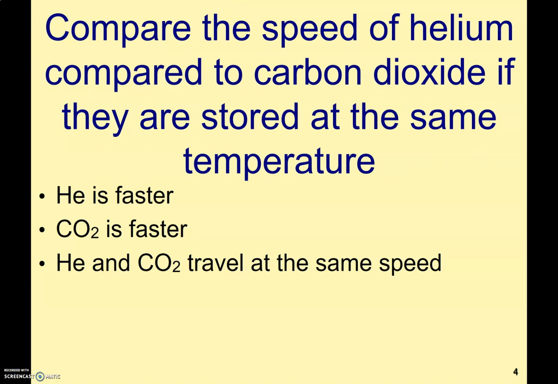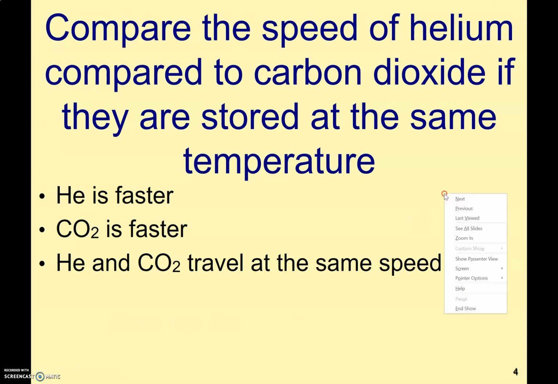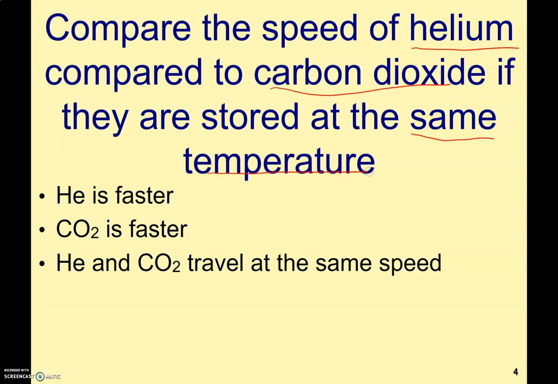So if we take a look at this check for understanding, we have two gases, helium and carbon dioxide, and they're stored at the same temperature. The question is, which one will be moving at a faster speed?